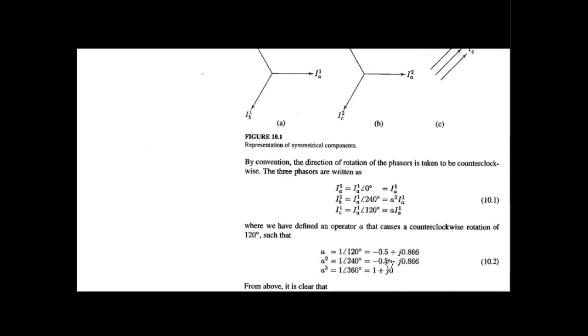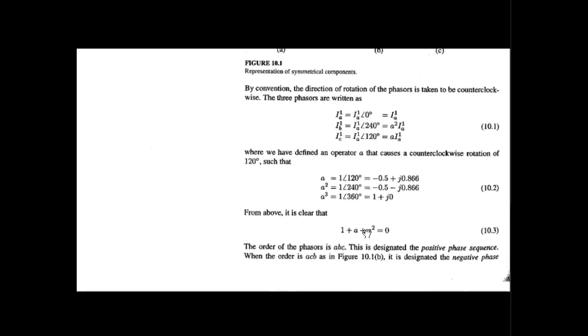That can be denoted in the Cartesian domain also. Another thing from complex algebra, you have the idea of omega, right? Omega relation. Yes, omega is 2 pi f, sir. Right. Omega in terms of complex algebra, 1 plus omega plus omega square.